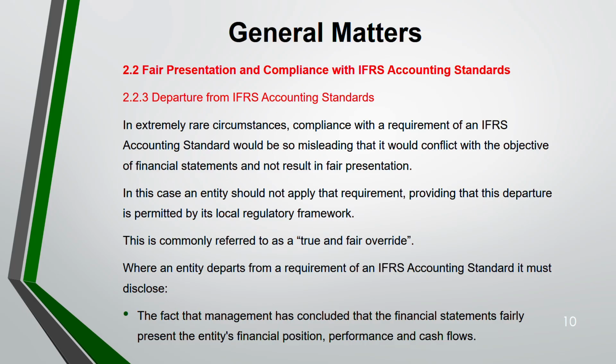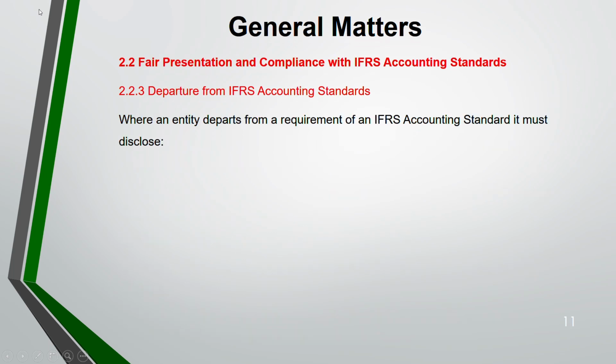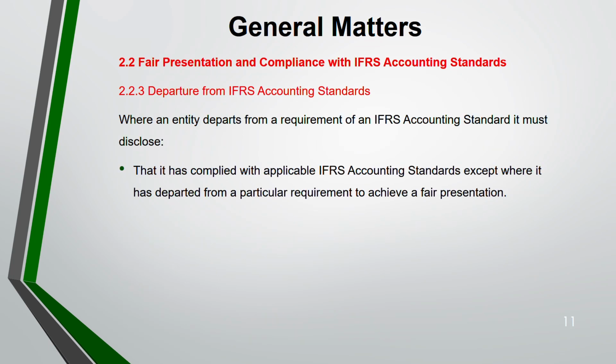Who has to disclose? Management. Management has concluded that the financial statements fairly present the entity's financial position, performance, and cash flow. And they have to disclose that they have complied with the applicable IFRS except where they have departed from a particular requirement to achieve a fair presentation.